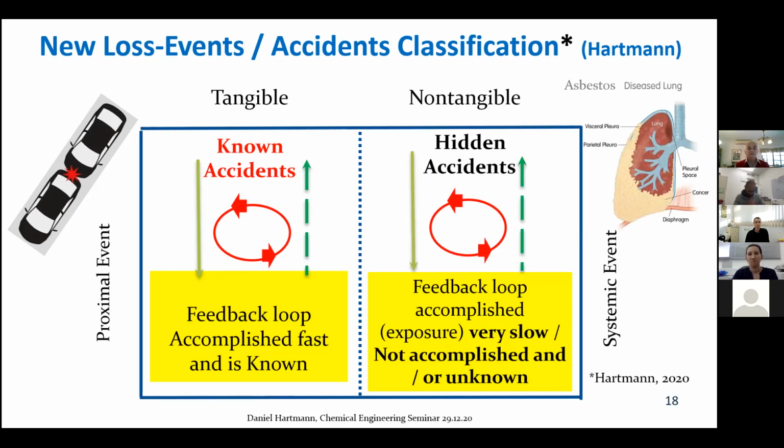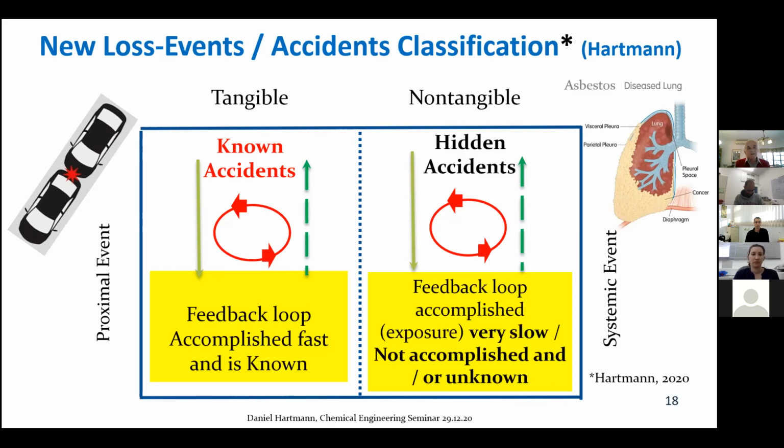For example, the asbestos problem. It takes about 30 years for people who were exposed to asbestos fibers to get sick. So where is the accident? At the first day, at the first second of being exposed to asbestos, or at the end when the person is sick?